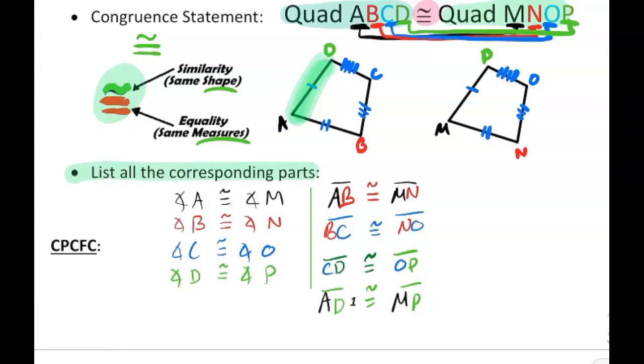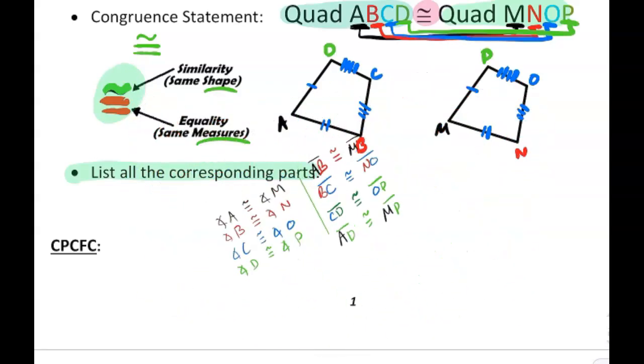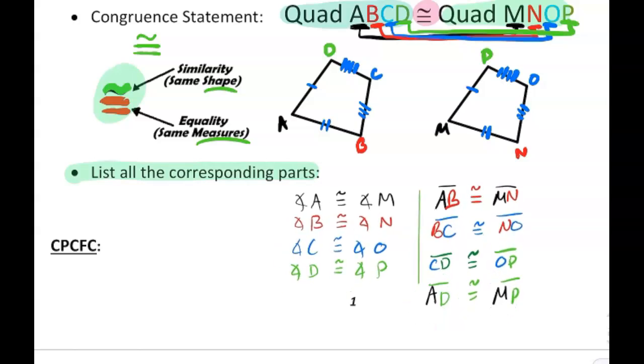And of course, we're talking about that side and that side. So these are all the corresponding parts right here. There's 4 angles and 4 sides in a quadrilateral. And those are the ones that match up with the twins on the other side. 4 angles are congruent to 4 angles, and 4 sides are congruent to 4 sides.